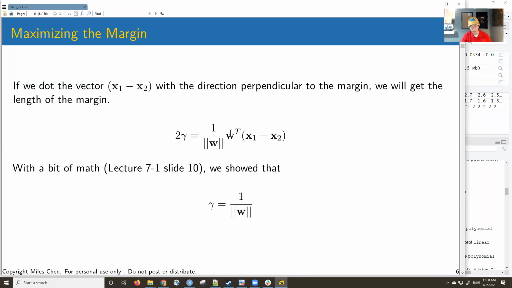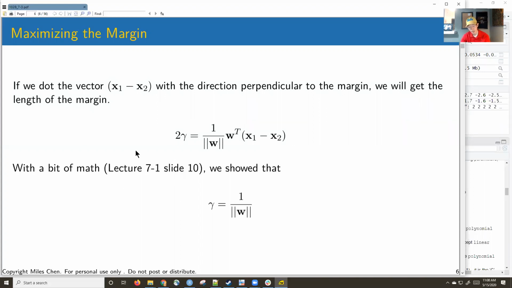The perpendicular direction to the hyperplane is W over the norm of W, and we dot that with the vector x1 minus x2. That will give us that purple arrow, and the length of that purple arrow we're going to say is 2 gamma.